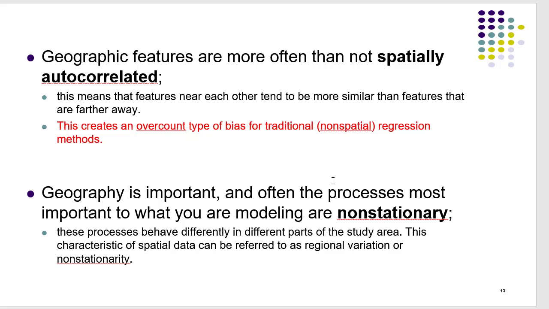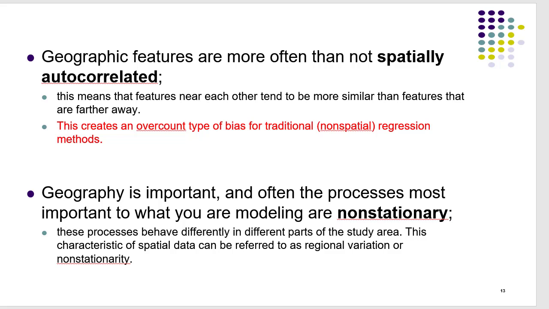So geography is important, and often the processes most important to what you're modeling are non-stationary. So true spatial regression methods were developed to robustly manage these two characteristics of spatial data, and even to incorporate the special qualities of spatial data to improve their ability to model data relationships.